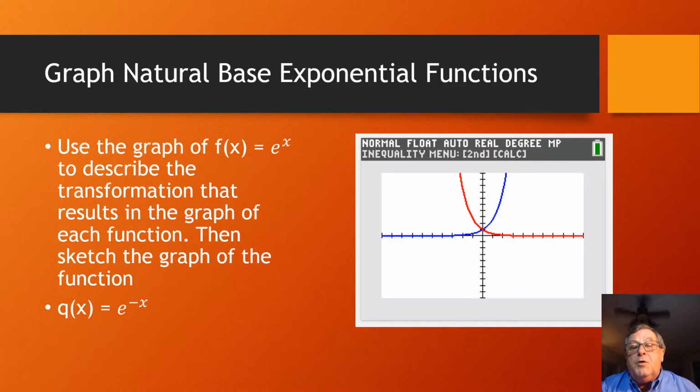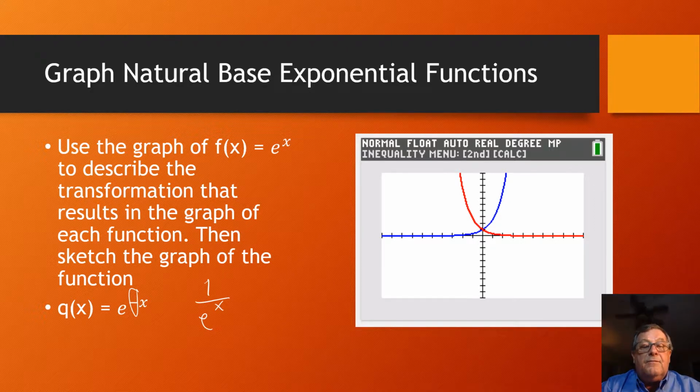If you look at the blue here, this blue graph is the graph of e raised to the x power, the exponential where the exponent is the variable of this natural base e. And then we're asked to look at q of x equaling e raised to the negative x power. Of course, this negative in the exponent, we really could write as 1 over e to the x power.